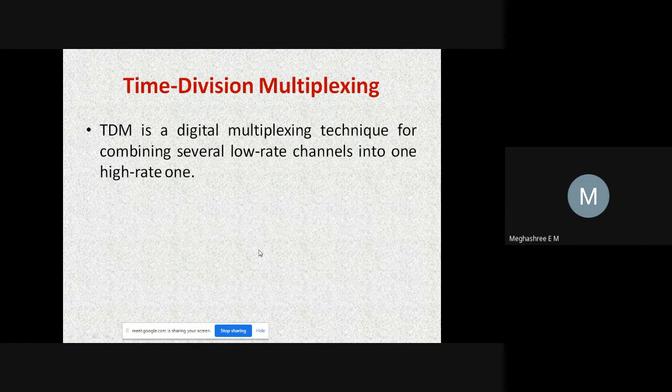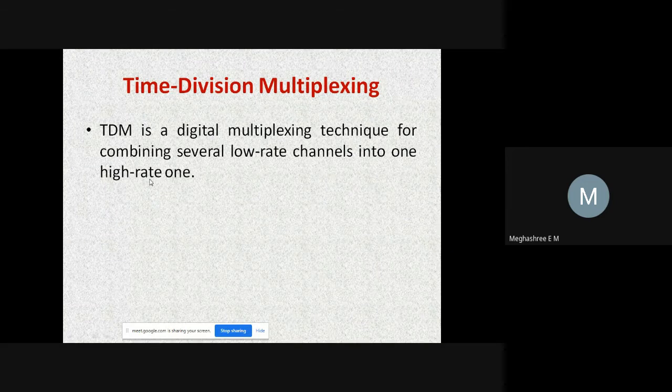Now, as I said, it is a digital multiplexing technique which combines several low rate channels into one high rate link. You have to remember this: it combines many low rate channels and forms one that is of high rate.